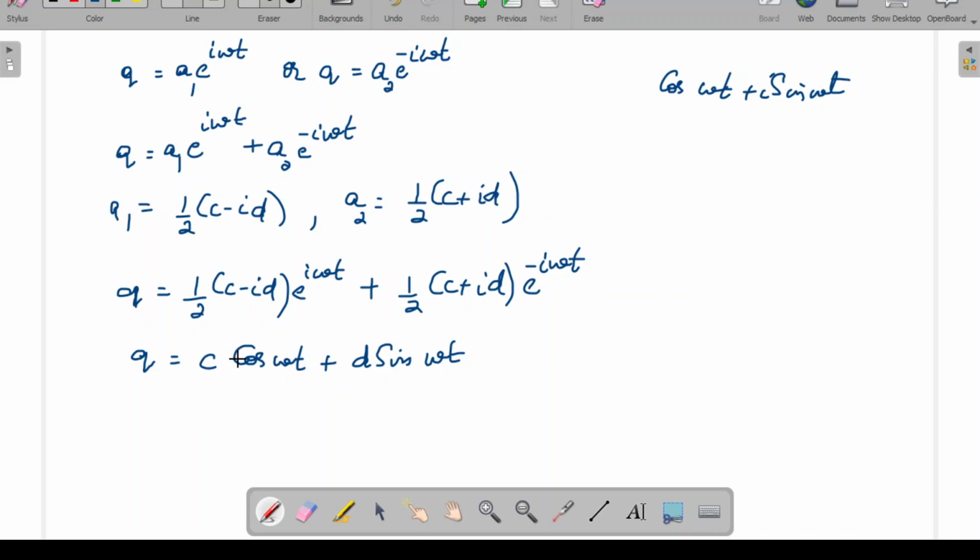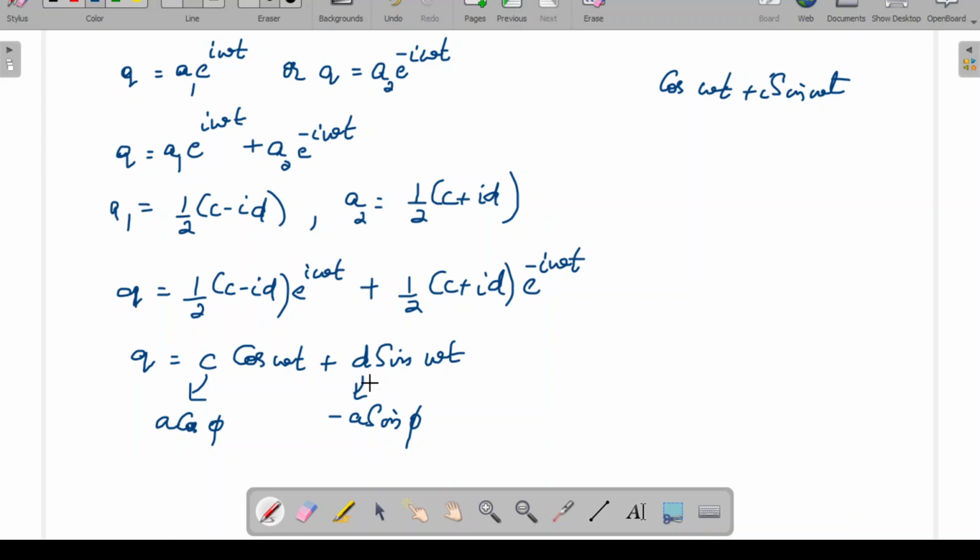Now if I write c and d as c equals a cos phi and d equals a sin phi, I have to substitute. Instead of c I put a cos phi, and instead of d I put a sin phi.